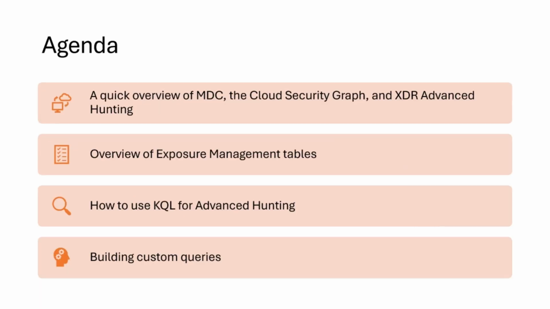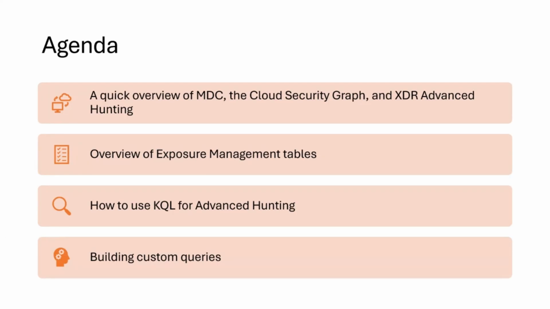So here is a very quick view of the agenda. Basically, what we are going to cover in the next 45 minutes. We're going to have a very quick overview of Defender for Cloud, the Cloud Security Graph, and then the XDR Advanced Hunting. We are then going to have an overview of the exposure management tables.